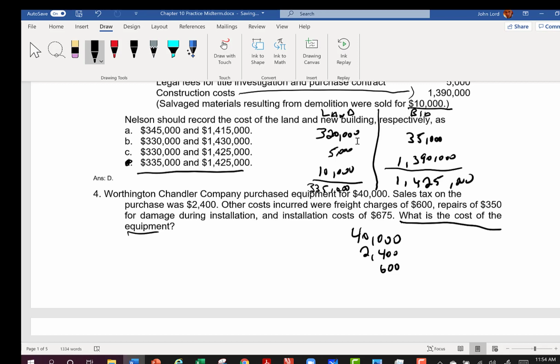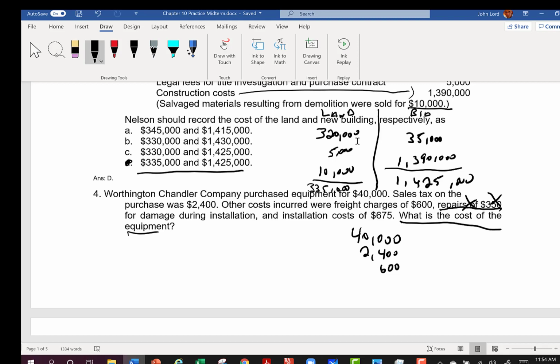And let me tell you, that's annoying. Repairs are generally expensed, okay? But no one's going to sit there and parse, oh, okay, well, $350 were for damage that we had to repair while we're installing it. Most companies are going to probably lump all of that in as part of the installation cost.